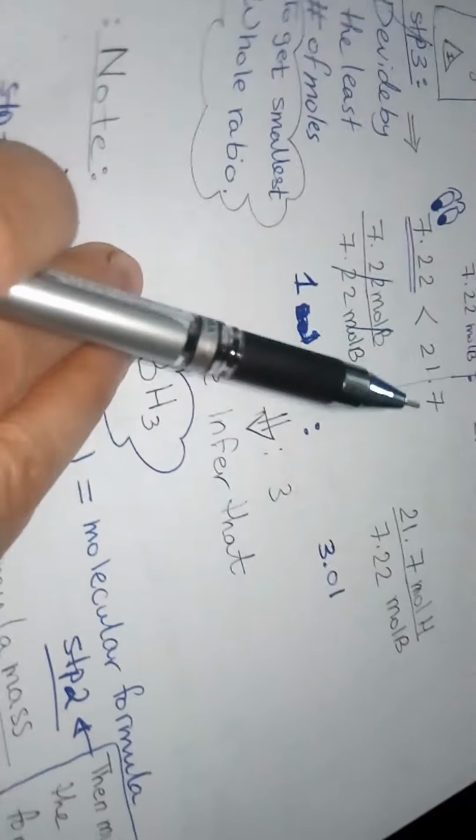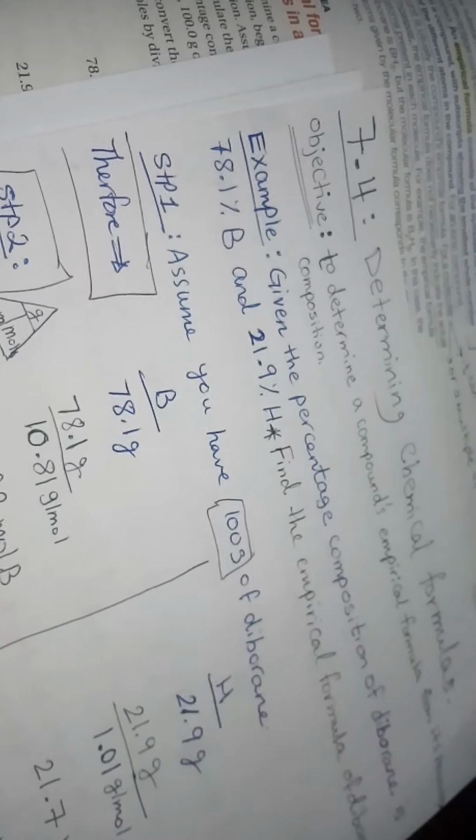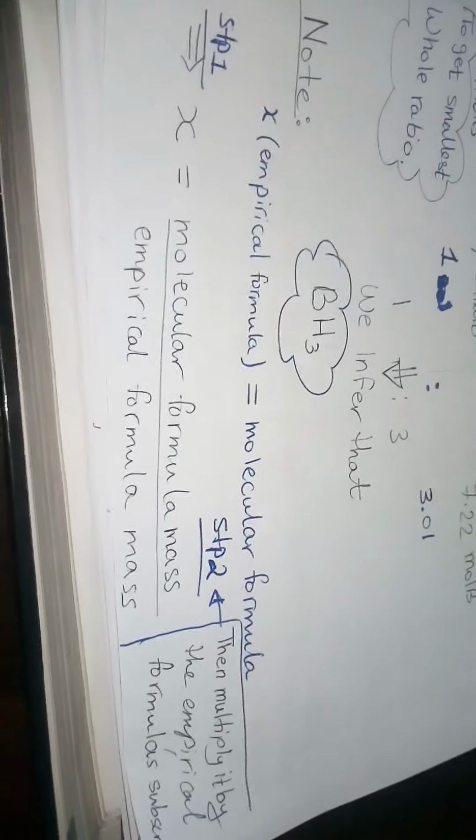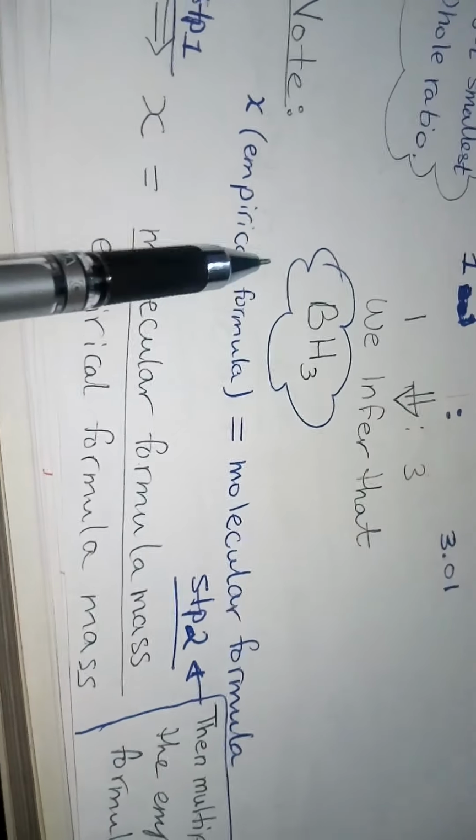We're not talking about ionic compounds because we said that for ionic compounds, the final chemical formula is usually the same as the empirical formula. But for molecular compounds, we said that it is a multiple. So it can be the same as the empirical or a multiple.